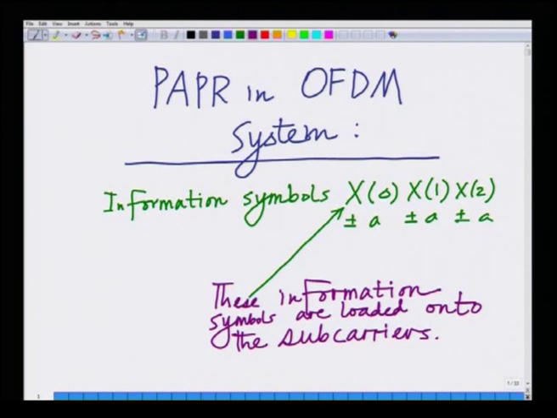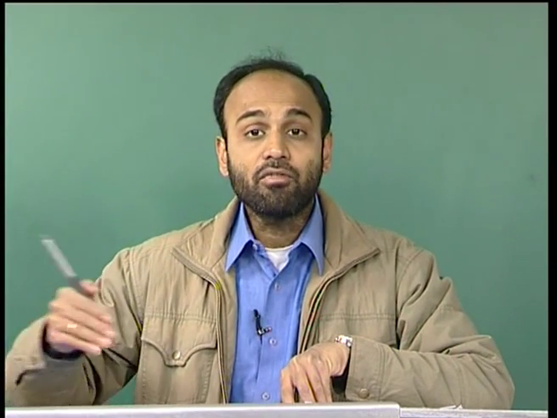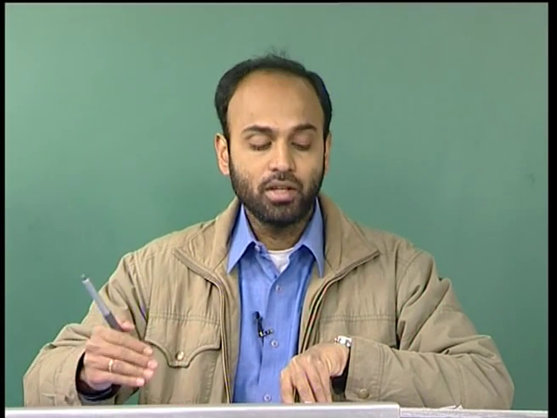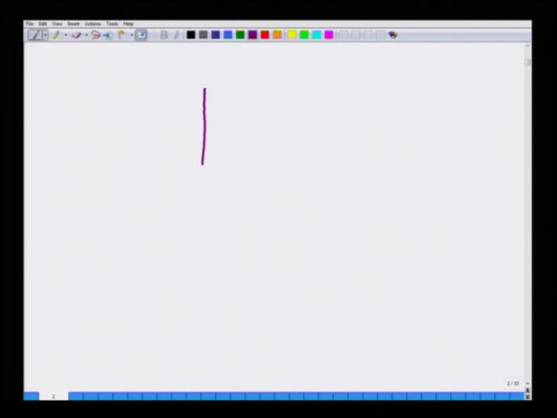Alright. Hence, the transmitted symbols are small x0, small x1 up to small x N minus 1, which are actually the IFFT samples of these information symbols. So, what are we doing?